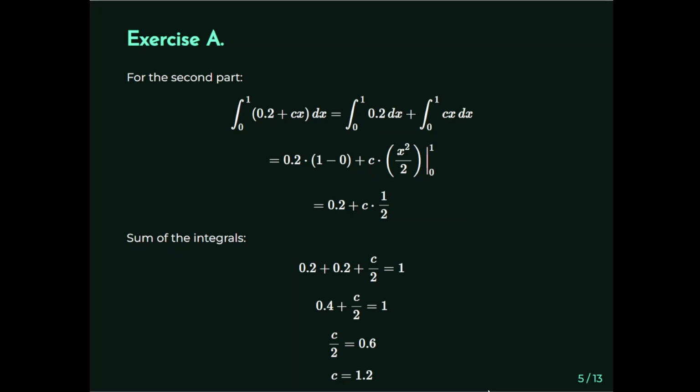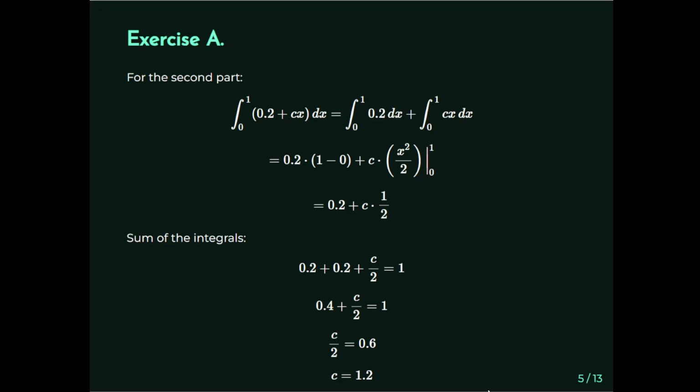Then we have the integral of cx, which we integrate between 0 and 1. The integral of cx is cx squared divided by 2. Evaluated between 0 and 1, looking at x squared over 2, at 1 we get 1/2, and at 0 we get 0. So the second component of that integral evaluates to c times 1 over 2, c over 2 essentially.